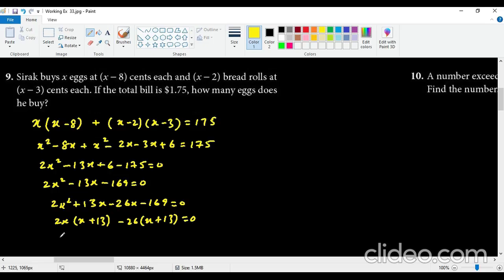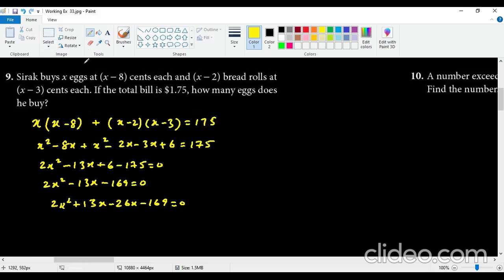So 26, 13 times 2, wait, it's going to be 2x square plus 13x minus 26. So I will do it a different way.